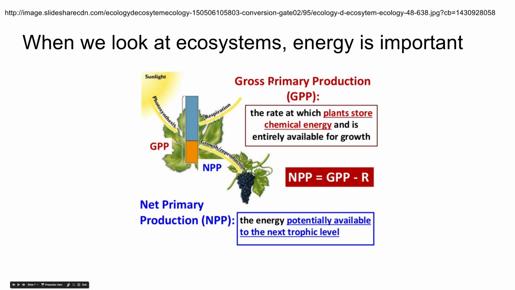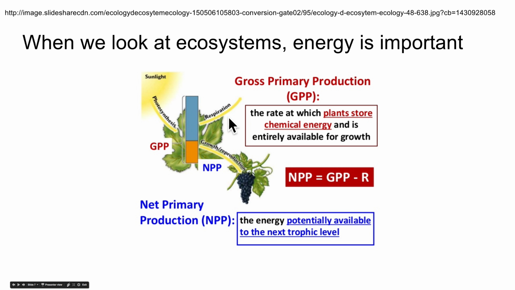So the difference between these two is respiration, or the burning of excess energy during times when you can't make energy. Gross production is always going to be a bigger number than net production, because net production is the gross, but you get rid of what you must get rid of, and that is respiration loss, or following the second law of thermodynamics, because we have to follow the second law of thermodynamics no matter what.